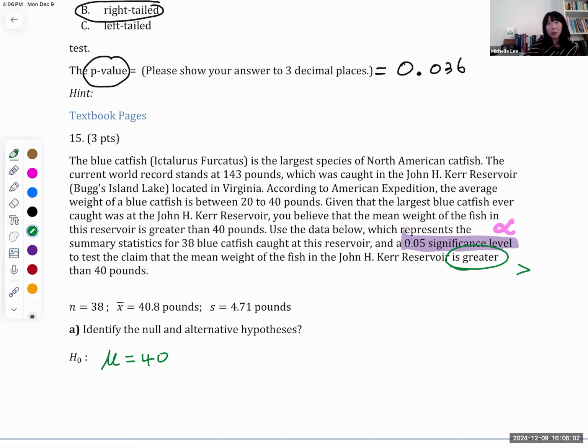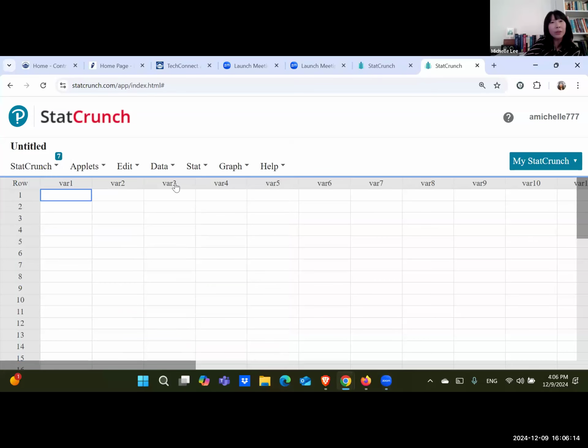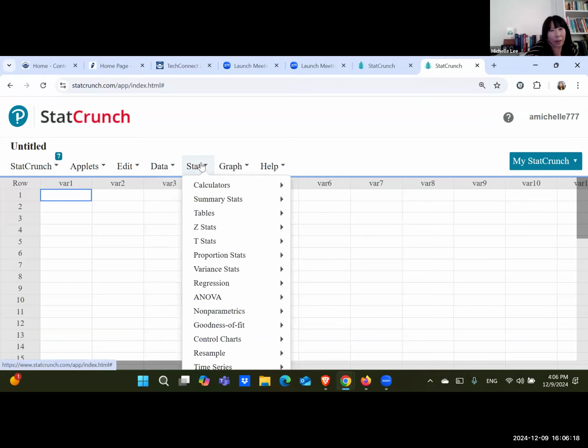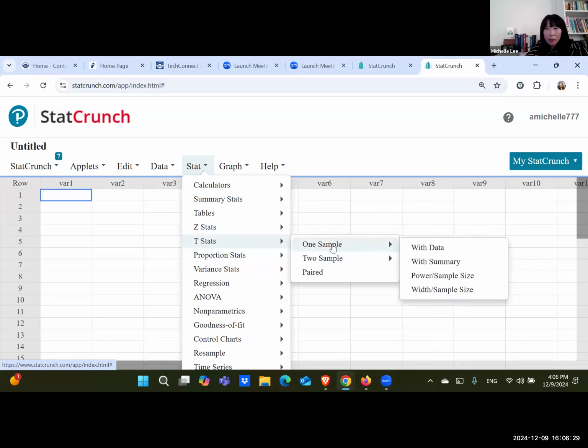Okay, so let's go to StatCrunch. All right, so we go to Stat, T Stats, one sample with a summary, okay?